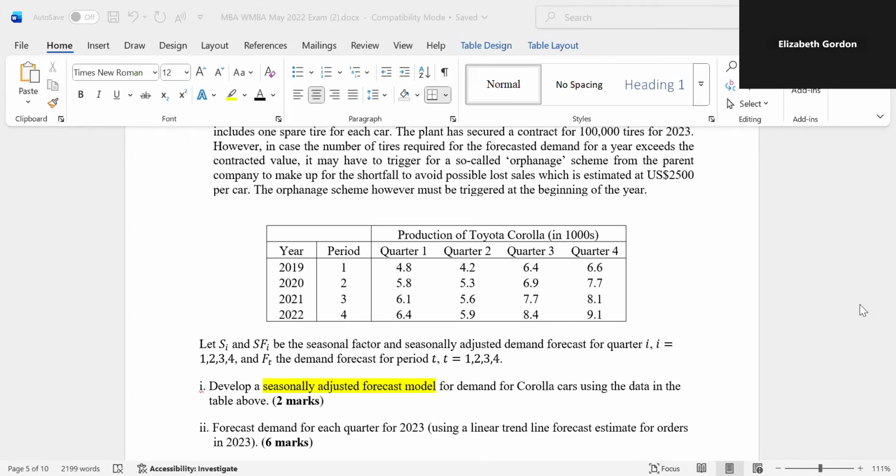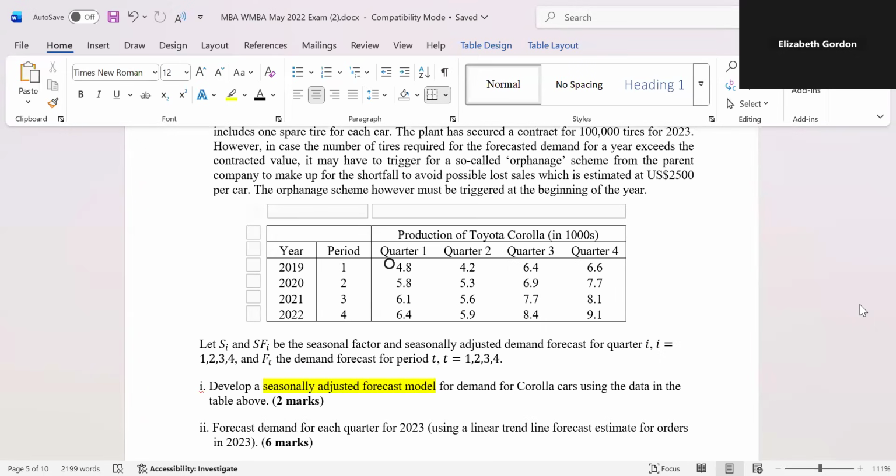All right. The next thing now is, now that you have all this summation, the next thing you got to do is to go to the question. The question says, let SI and SFI be the seasonal factor. Now, originally, the question didn't say the seasonal factor, so I had to edit it. So when you get the original paper from your colleagues, you see that.